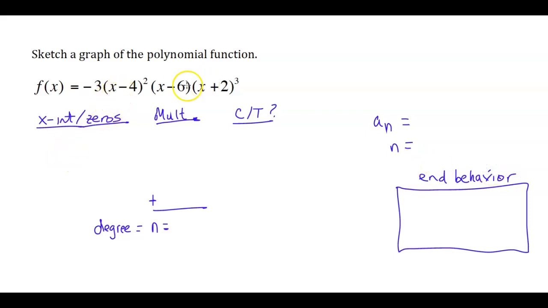So we see from our polynomial being in factored form, we have zeros at x equals -2, and I'm starting from the lowest and going to the highest, because this factor has a multiplicity of 3.